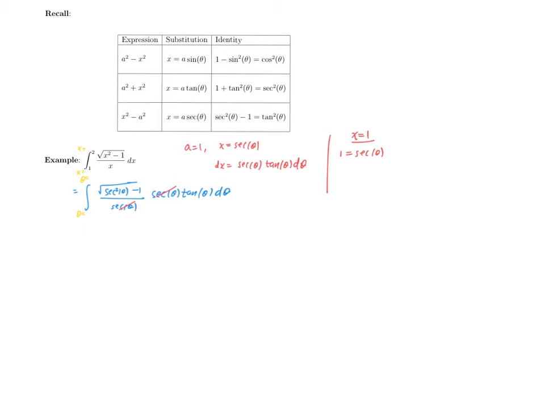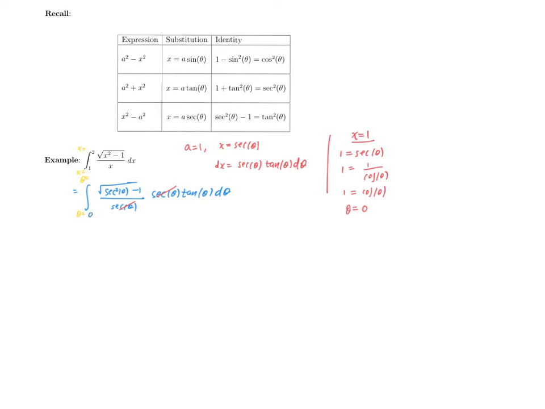And as we've mentioned previously, it's oftentimes simpler to work in terms of cosines than it is in terms of secants. So secant is 1 over cosine. We would like to know where is cosine equal to 1. And that happens when theta is equal to 0. Our lower limit of integration is 0.